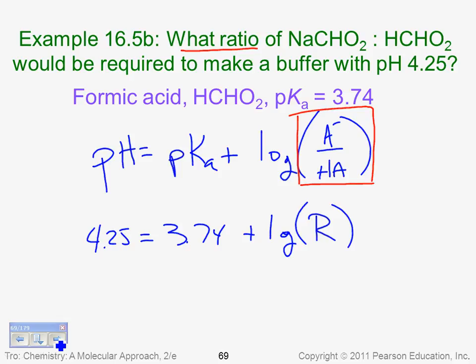I'm going to subtract 3.75 from both sides. So that's going to give me 0.51 on the left, equal to the log of whatever that ratio is.